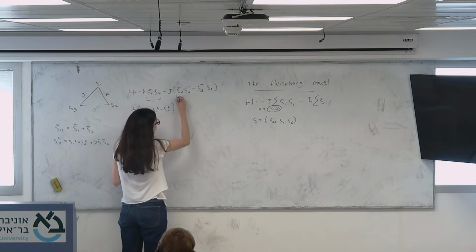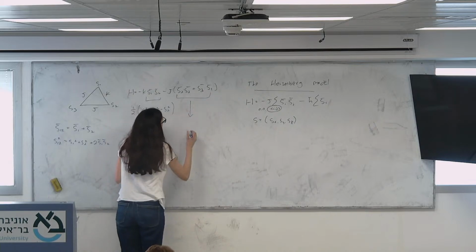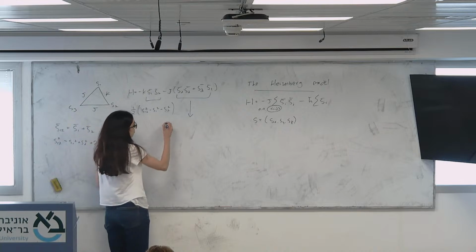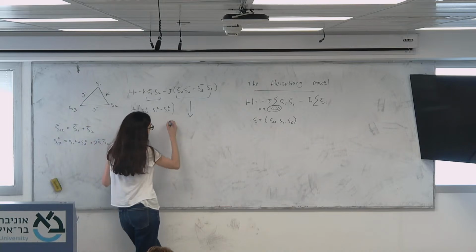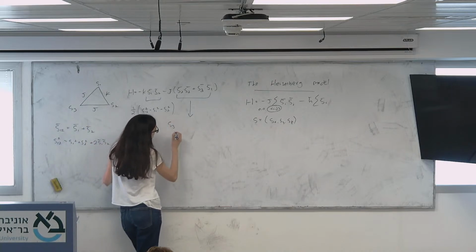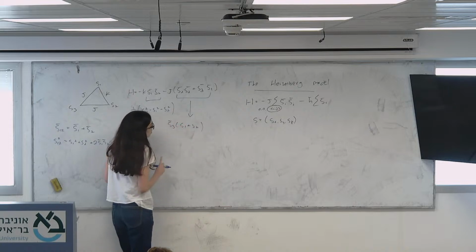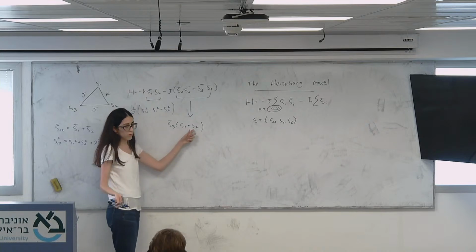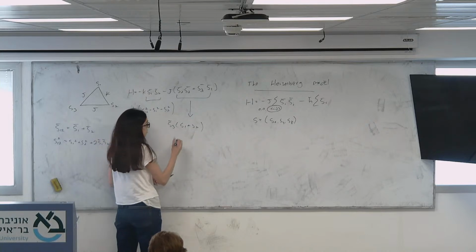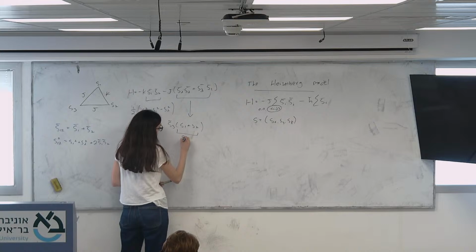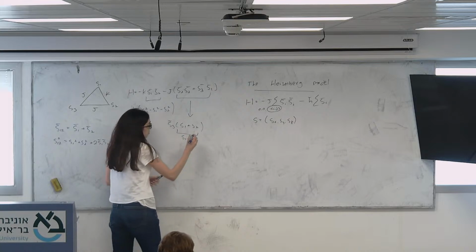So for this term over here, we're going to do something similar. Let's take out S3, so this is going to be S1 plus S2. S1 plus S2 we already defined as S12. And then this is overall.